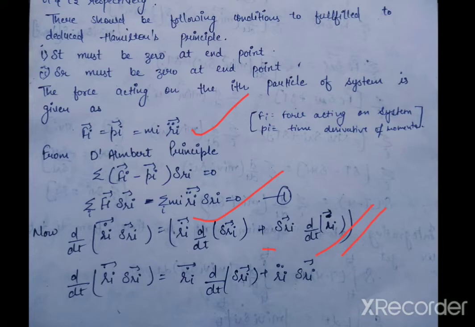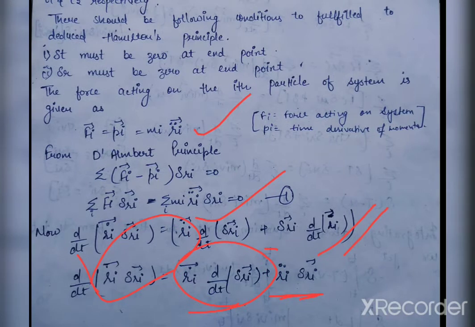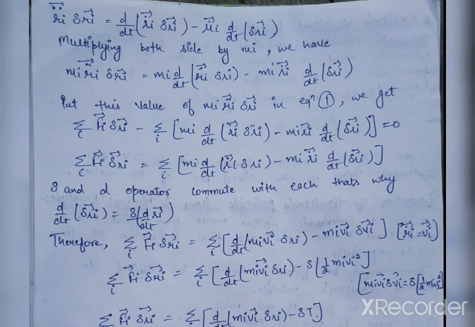Now take this term separately and move it. After separating the ri double dot term, we get d by dt of (ri dot δri) minus ri dot d by dt of δri.